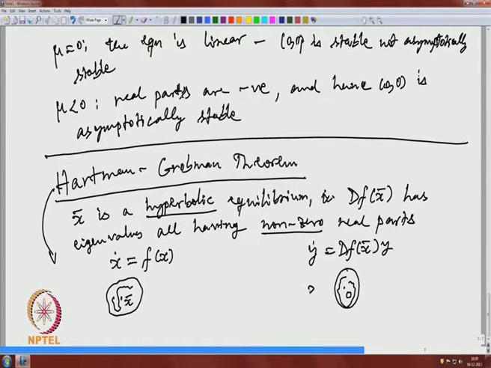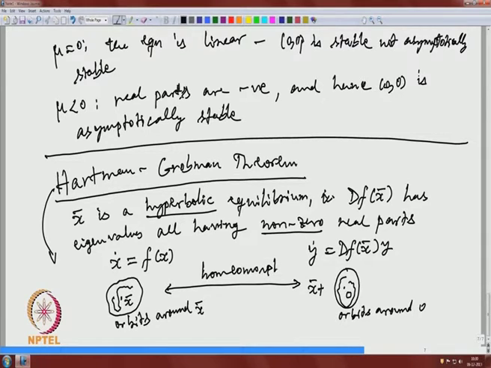You just add x bar to the orbits of the linearized system. So, they are linked by a homeomorphism.